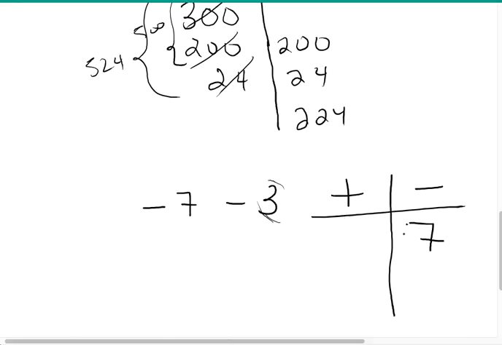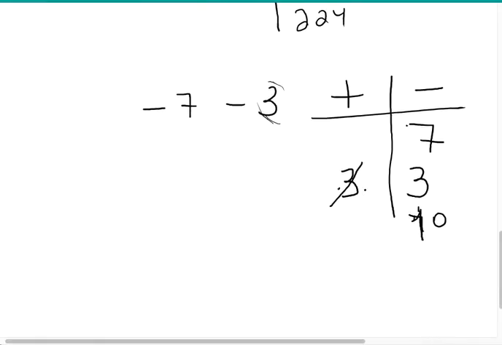That means I need to have 3 positives to compensate, and I don't have any, so I need a 0 pair of 3 positives. I can take away my 3 positives, and I'm left with 10 on the negative side. So my answer of negative 7 minus 3 equals negative 10.